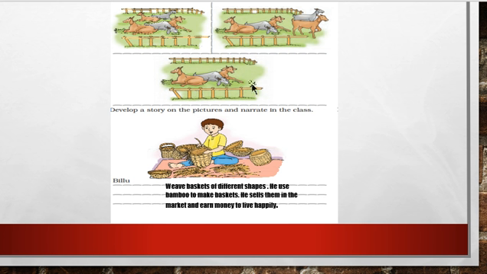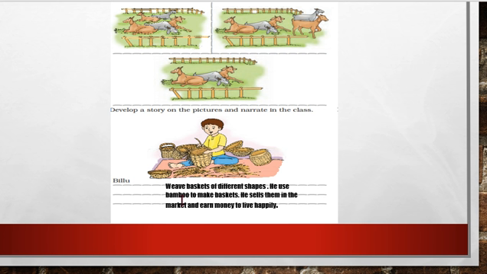So in this way you can create a picture-based story for a child to do the mathematical calculations as well as the literacy part also. Like here, develop a story on the picture and narrate in the class. One picture is given. You can use so many pictures to do this exercise or to develop this competency in the child.